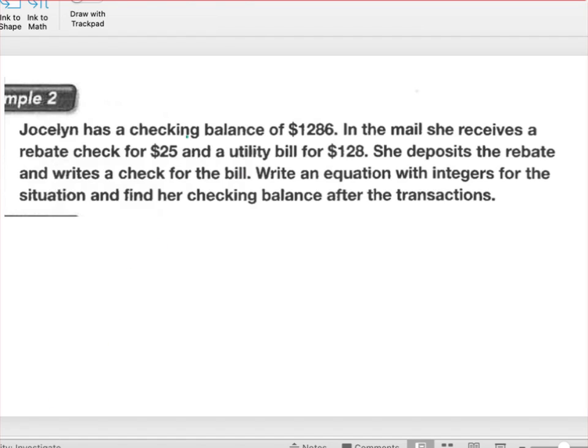Okay, since this is a checking balance, that means that's money she has in her account. So we will call that 1286 to the positive. In the mail, she receives a rebate check for $25, which is also positive. And then a utility bill for $128, which is negative.